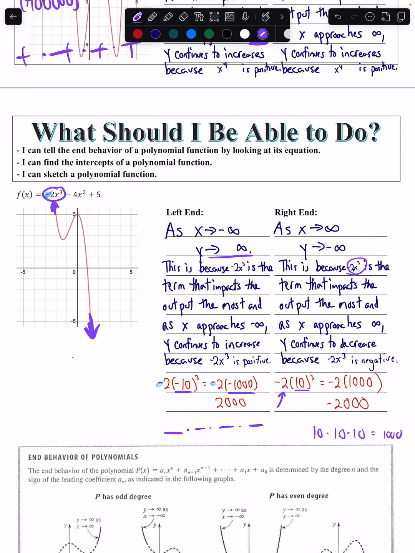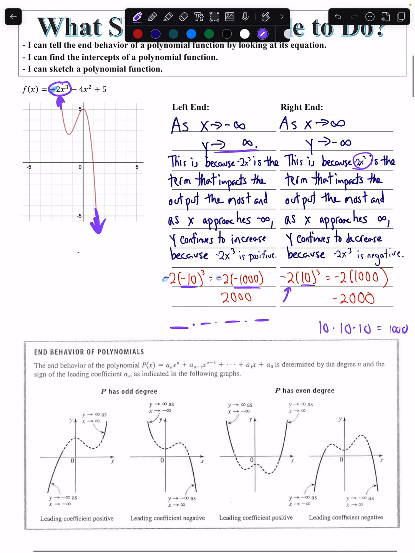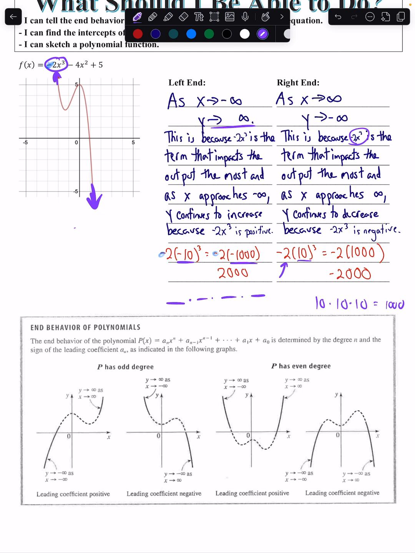So the whole explanation there, I was trying to show you guys why it's the case for the end behavior of any polynomial rules. So this is very important. Star this. Make sure you are good with this little vocab breakdown here. What it says is the end behavior of any polynomial is determined by its degree and the sign of the lead coefficient, which we have been looking at.